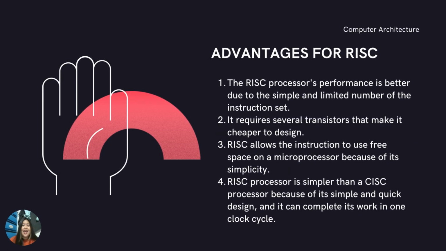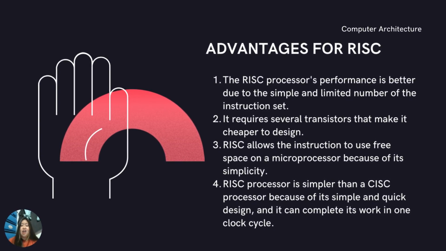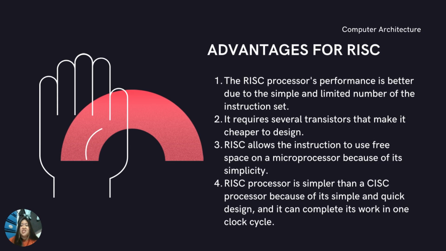Next, advantages for RISC. So first, the RISC processor's performance is better due to the simple and limited number of the instruction. So since it's simple and limited, it is really better than the CISC. Second, it requires several transistors that make it cheaper to design. Third, RISC allows the instructions to use free space on a microprocessor because of its simplicity.